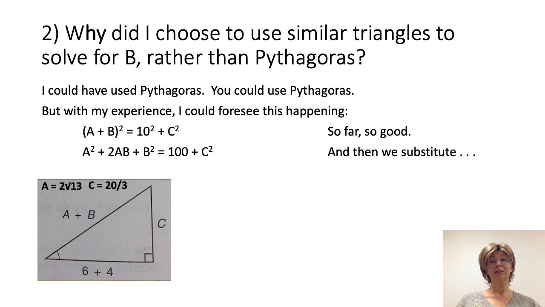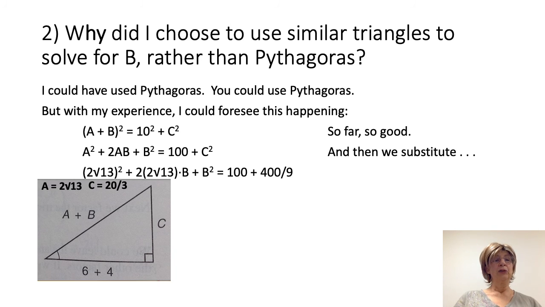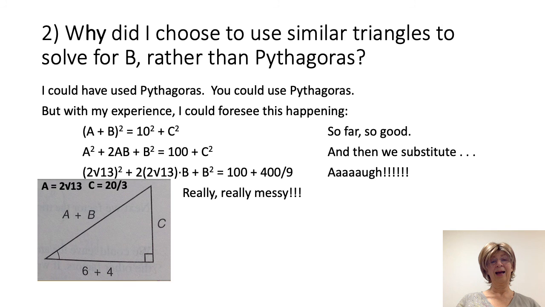And then we substitute for A. 2 square roots of 13 squared plus 2 times 2 square roots of 13 times B plus B squared equals 100 plus 400 divided by 9. Really messy. That's why I chose to use similar triangles to solve for B.